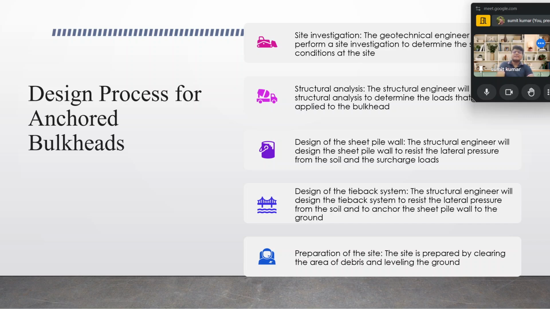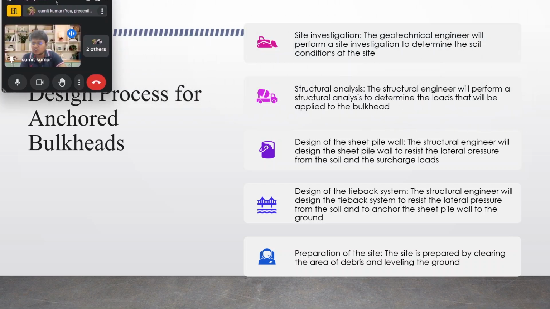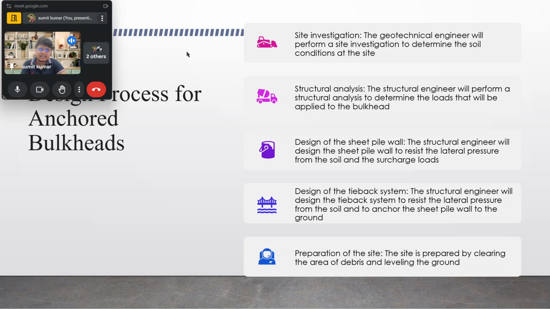Now as we move ahead, we again see the design process of the anchor bulkhead, but some points not covered earlier will be taken up here. First of all, site investigation is one of the most important aspects, because when it takes place, we come to know the engineering behavior and geotechnical properties of the site, the basic properties we have gone across in geotechnical engineering course 1, that is the density.